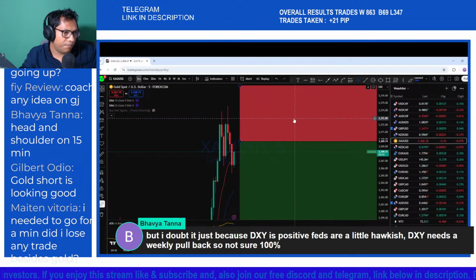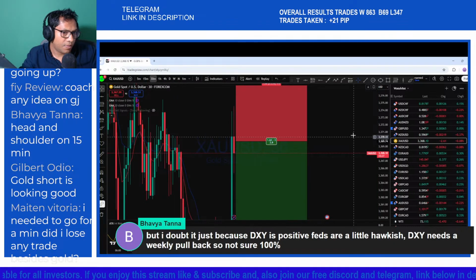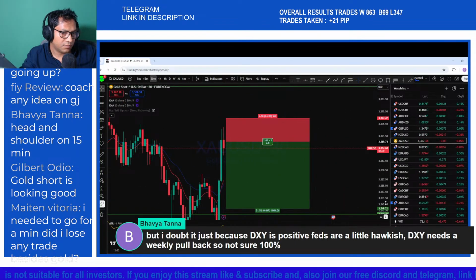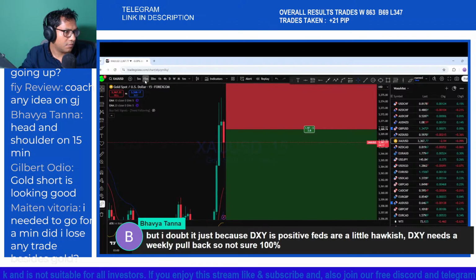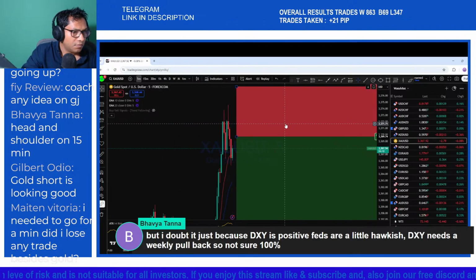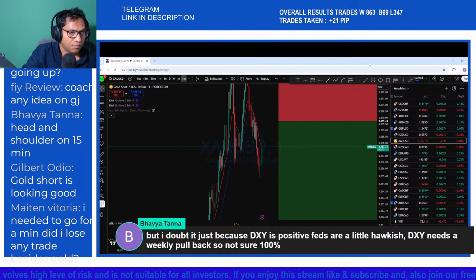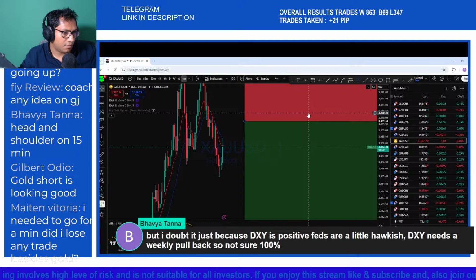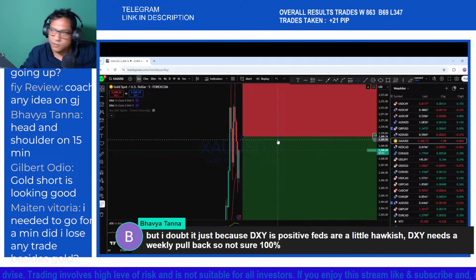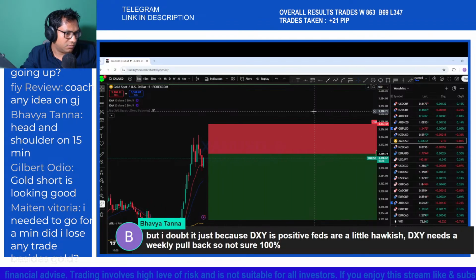Okay, so it's trying to push back up. Here you can see from this level it's trying to push up, which is not expected.